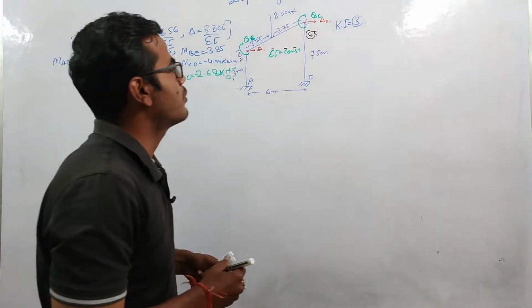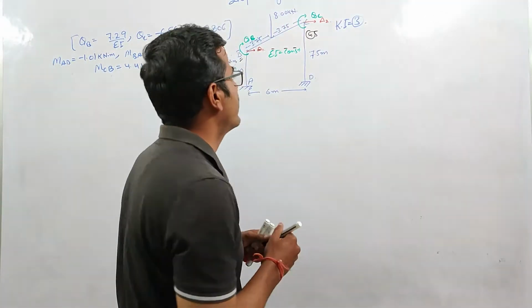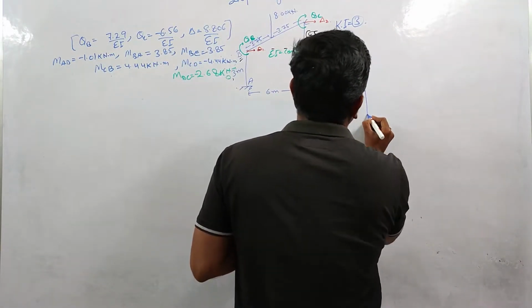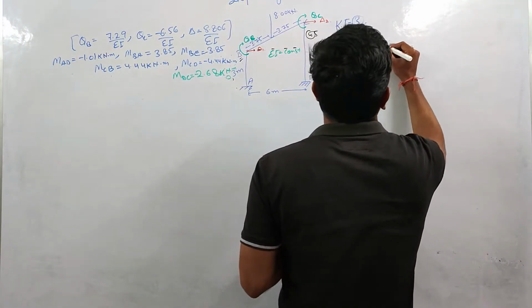So now we need to draw the free body diagram for this frame structure. Let us suppose this is one member over here.